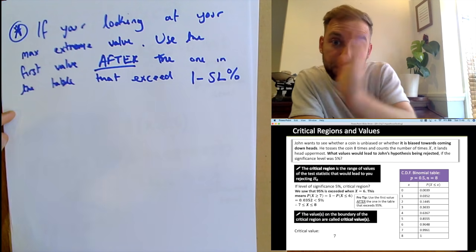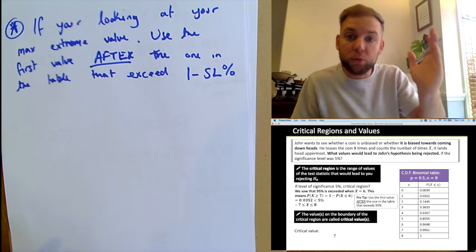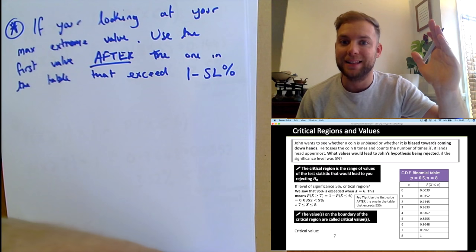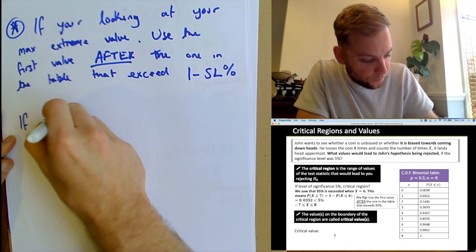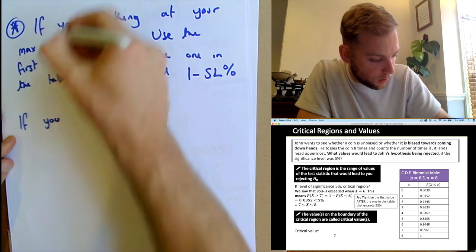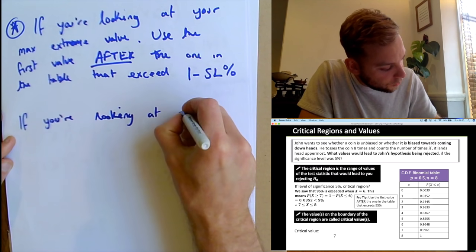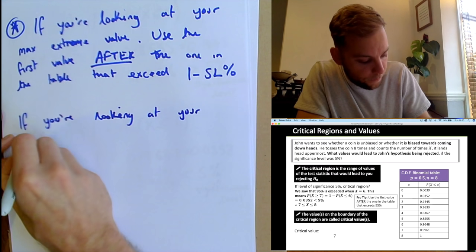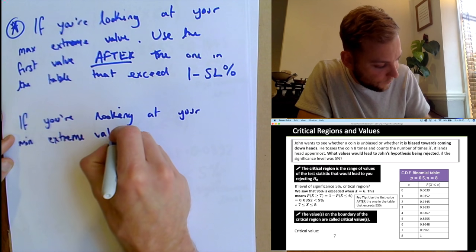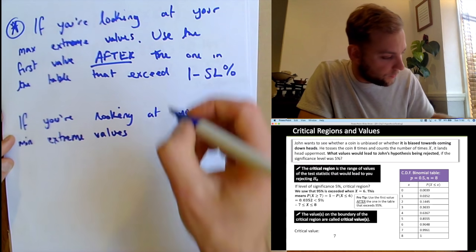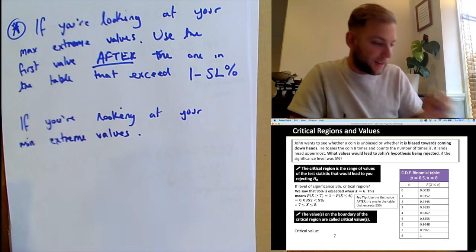However, if you're looking at the bottom end, so your minimum extreme values, in which case being biased towards tails, we don't do that. Because it's less than, we just look at the first value which goes below our significance level. So if you are looking at your minimum extreme values, we don't need to do the one above, okay, because we're looking at everything that's less than.